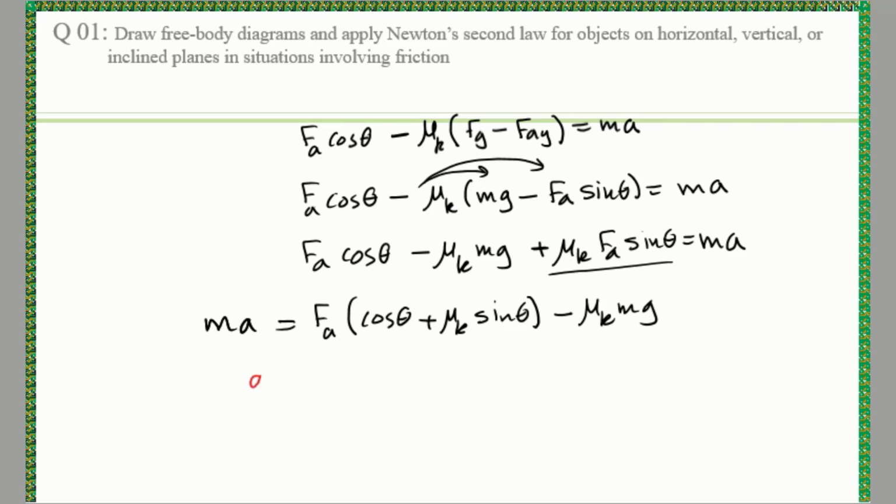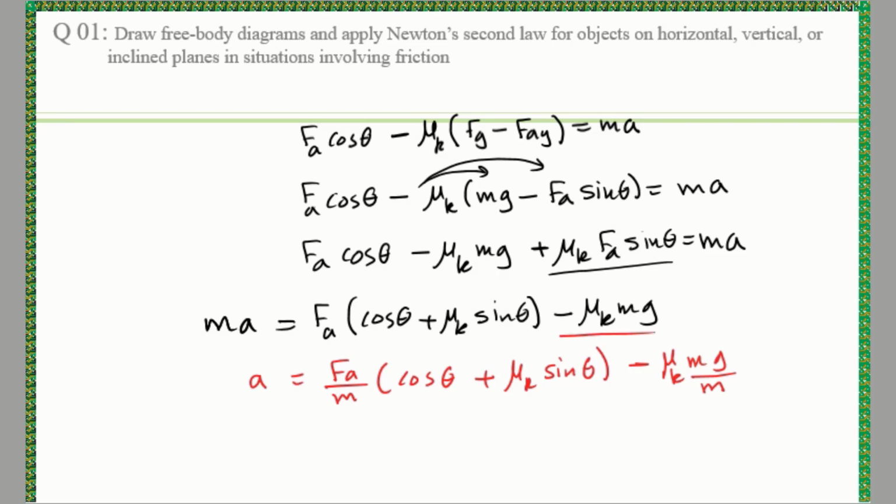We will have a equals Fa over m times cosine theta plus mu k sine theta, minus mu k mg over m. We divide both terms by m to get the acceleration.